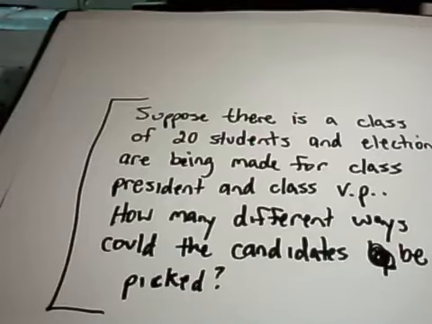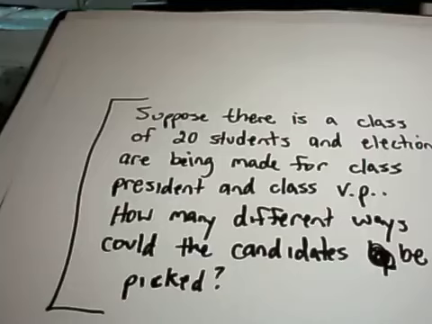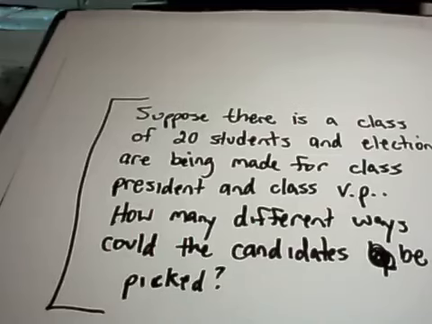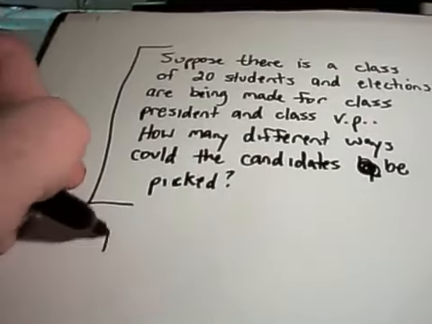You have to be one or the other. And here the order matters, because once I pick president, the next person automatically has to be vice president. If I'm president and you're vice president, that's a different ticket than if you're president and I'm vice president. So again, we use permutations.